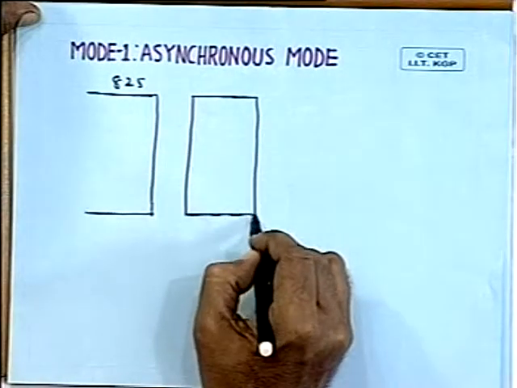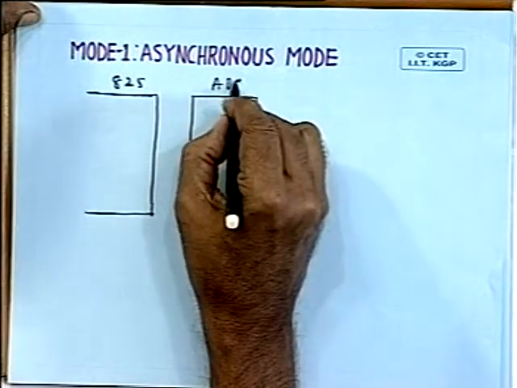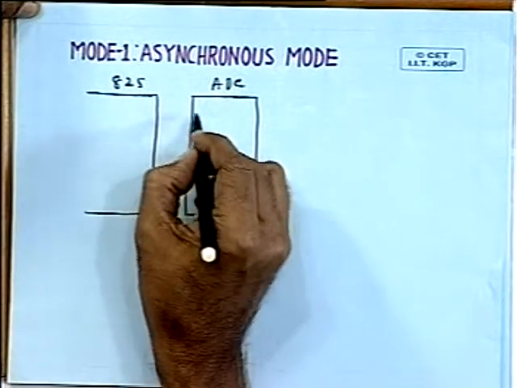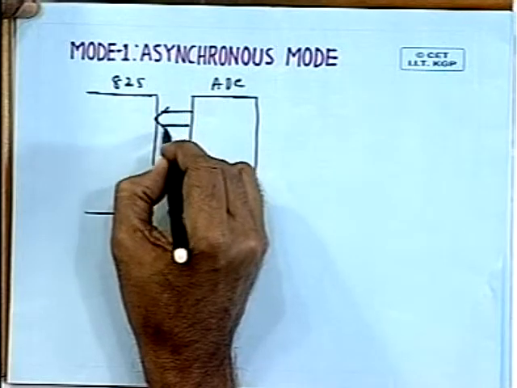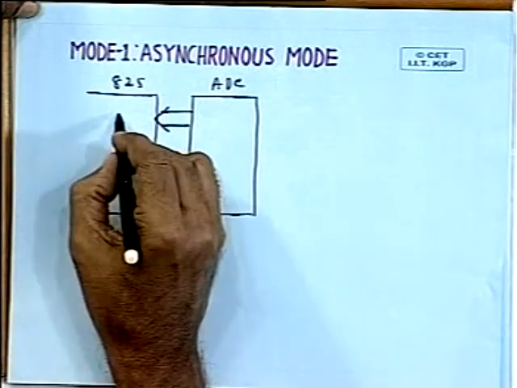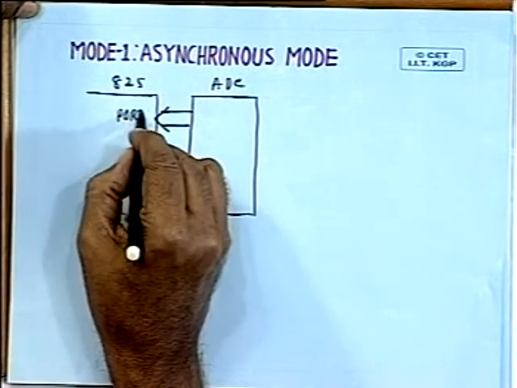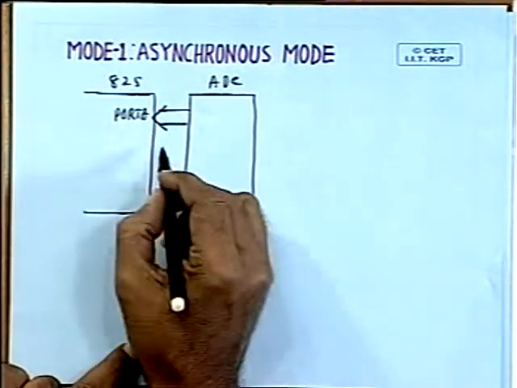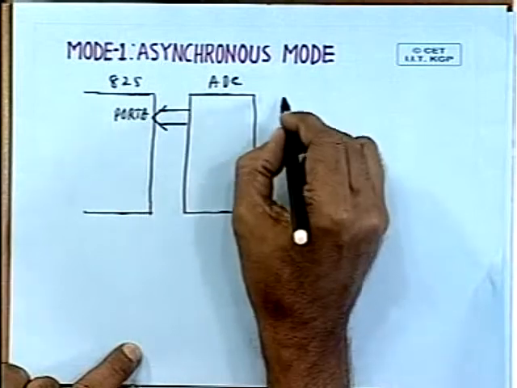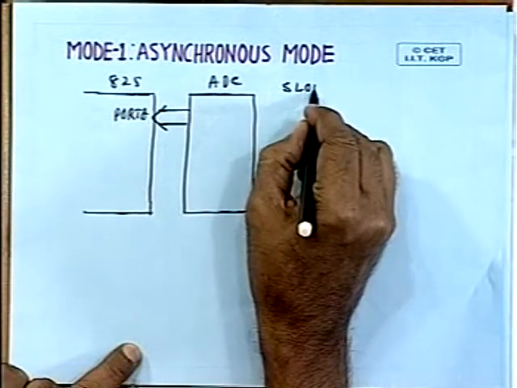Here is the ADC, and the AD converter, as you know, will generate some data, so it has to be connected to the input port, let it be port A. And port A is connected here, and since this AD converter is a slow device, you have to use asynchronous mode.